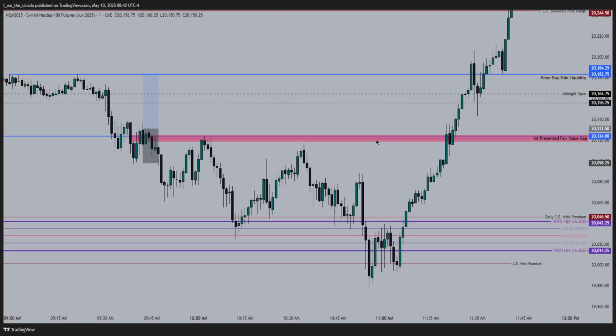Here we are on the 1 minute chart, and if you notice, we have a buy position risk to reward tool drawn out here.